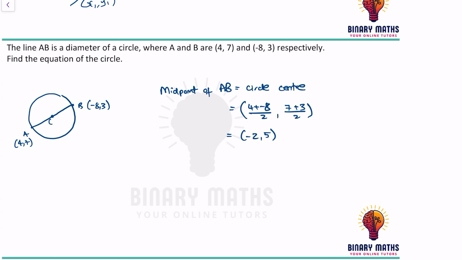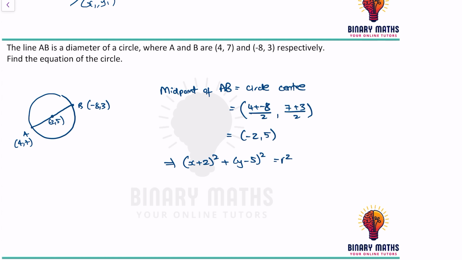That means that point there is (negative 2, 5). So I know that my equation of a circle will be (x plus 2) squared plus (y minus 5) squared is equal to r squared, which I haven't worked out.